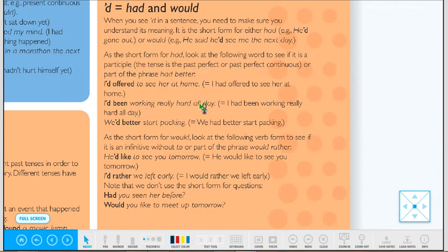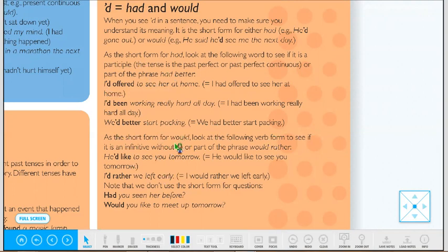I'd been working, I had been working, no, I'd. Remember the pronunciation always is I'd. You have to make it sound because it's a D. It's not common to say I offered, no. I had offered. That is different. I'd offered, I'd been. We'd better start packing, like we had better start packing because we are leaving in a few minutes.